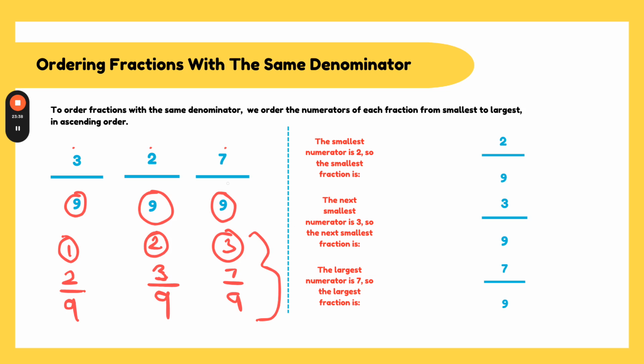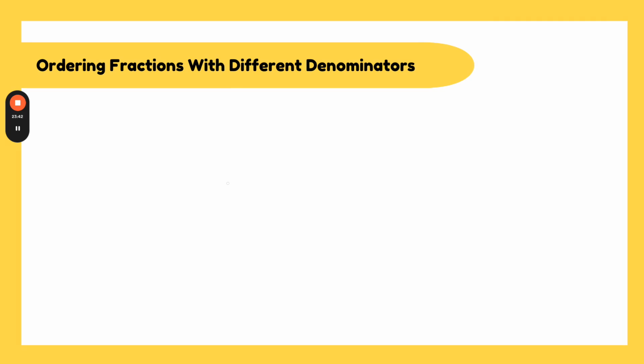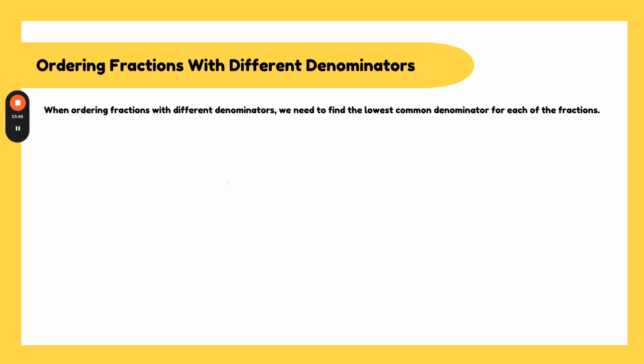But where the real work comes in is when we have fractions with different denominators. So when ordering fractions with different denominators, we need to find the lowest common denominator for each of the fractions.